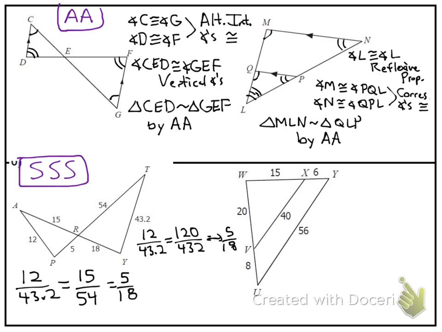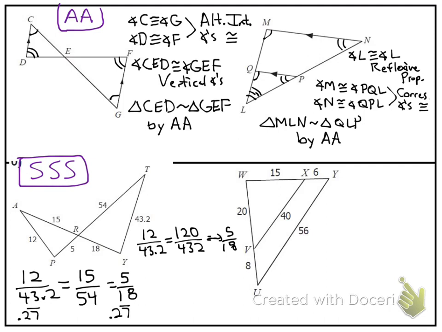Another way you could do that is you could do 12 over 43.2 in your calculator, which comes out to 0.27 repeating, and then you could do 5 over 18 in your calculator, and that also comes out to 0.27 repeating, and that just verifies that they are the same value.